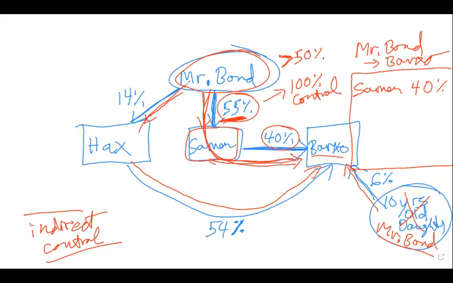Now through Hacks, it's a little bit different. He only controls 14% of Hacks, meaning he doesn't control that whole entity. However, we can still take that as the equivalent of being able to vote a portion of this 54%.